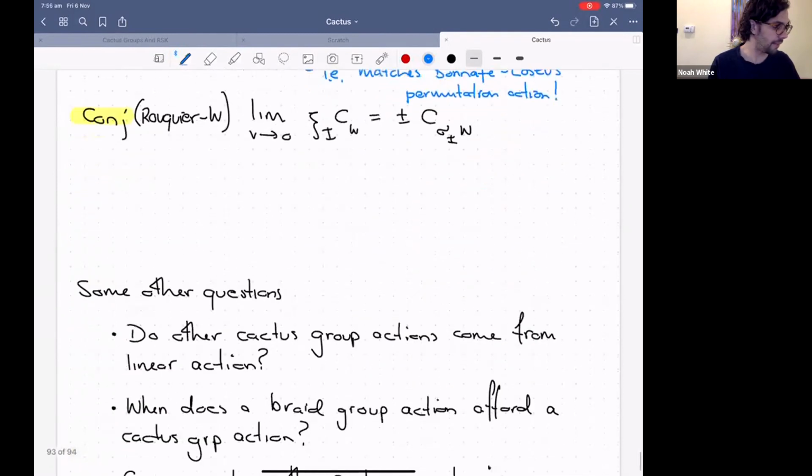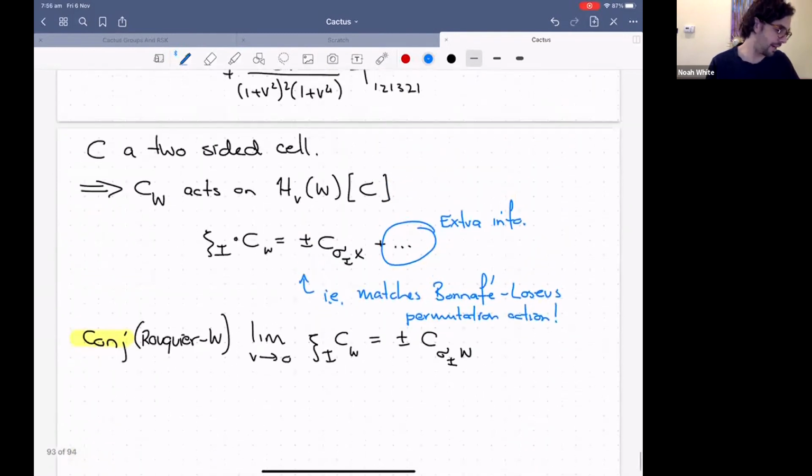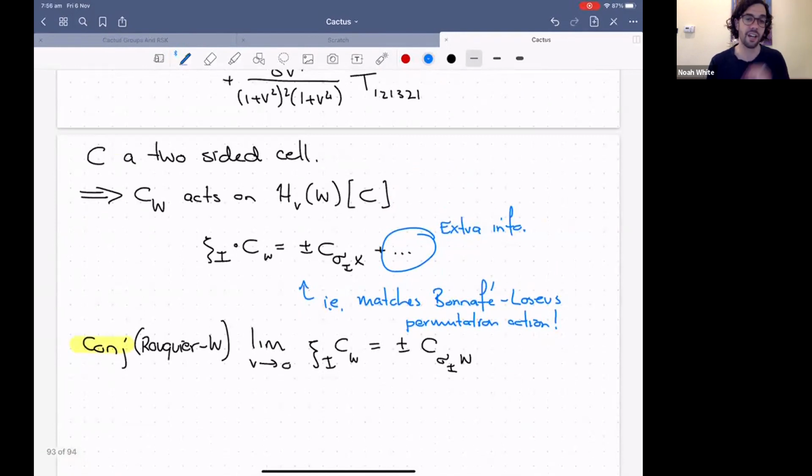And then the only other thing I will say is that we can make very precise exactly how this is supposed to be an asymptotic limit.